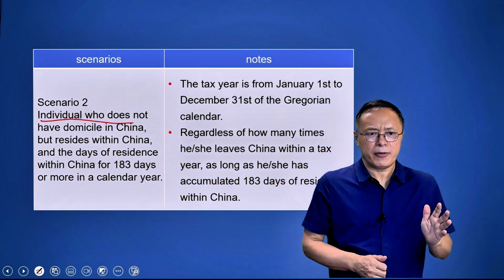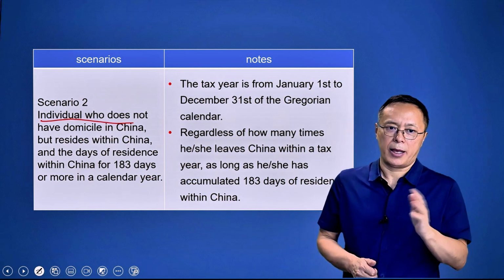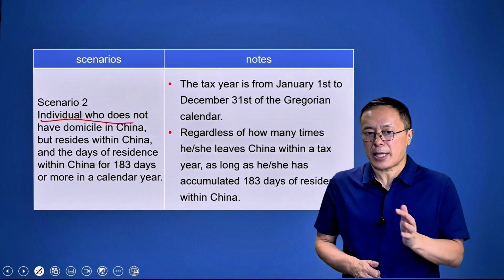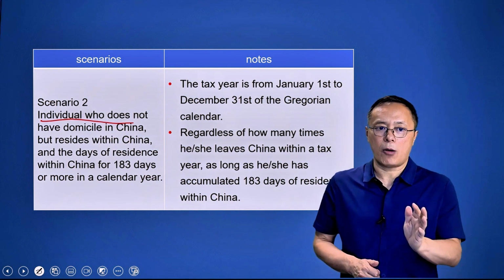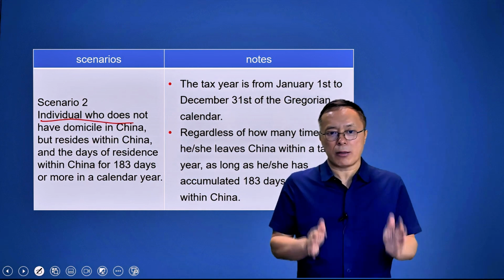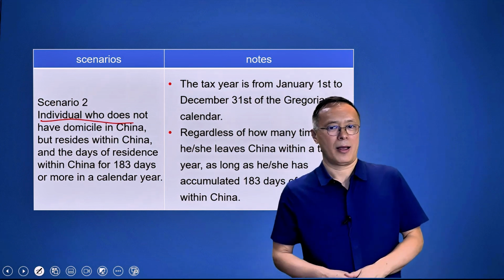It means that if an individual does not have a domicile in China, his or her tax status shall be decided based on his or her days of residence in China. The days of residence in China is not less than 183 days.